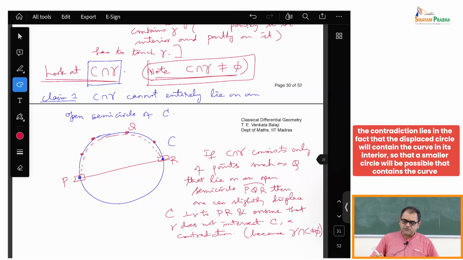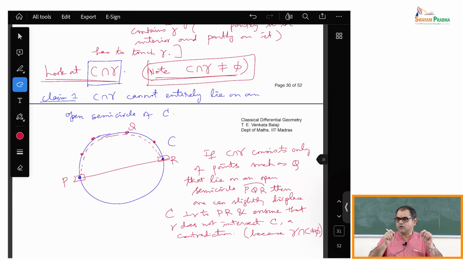Right. Therefore, the first claim is that the intersection of this smallest circle which contains gamma with gamma, all the points of intersection cannot lie in an open semicircle. Therefore, what does it mean?